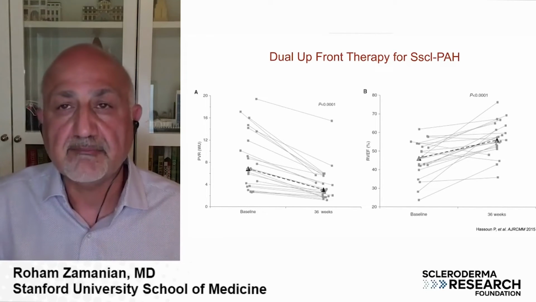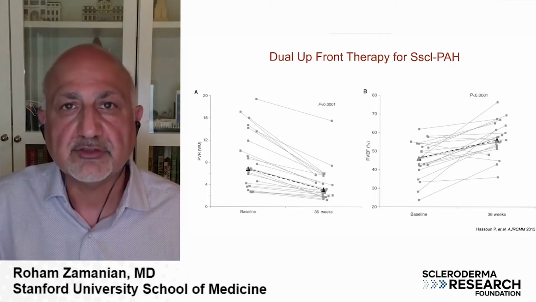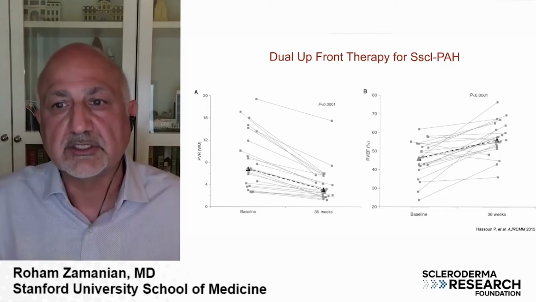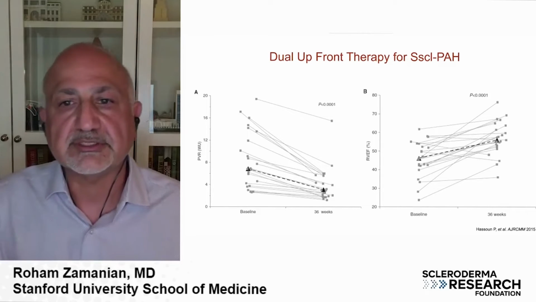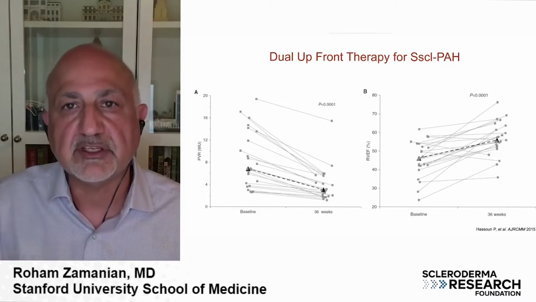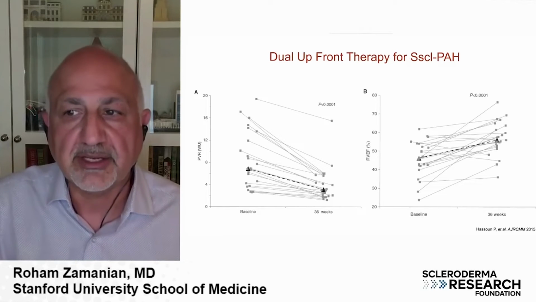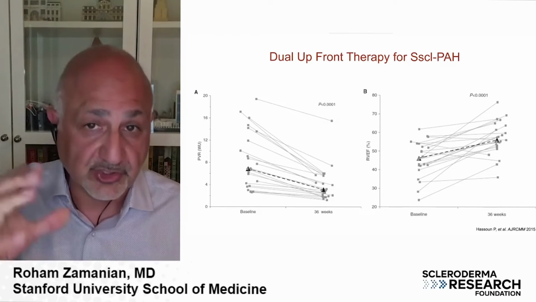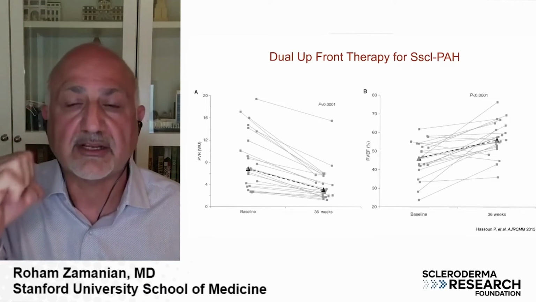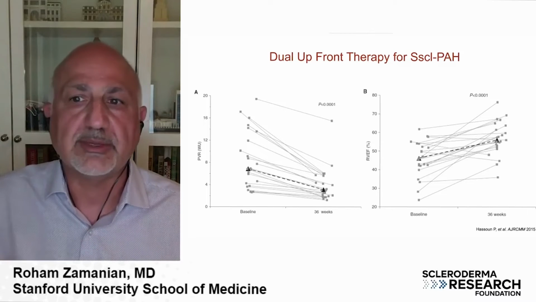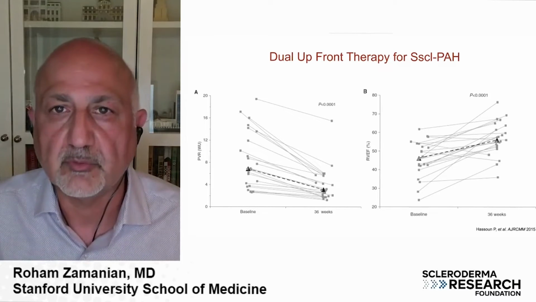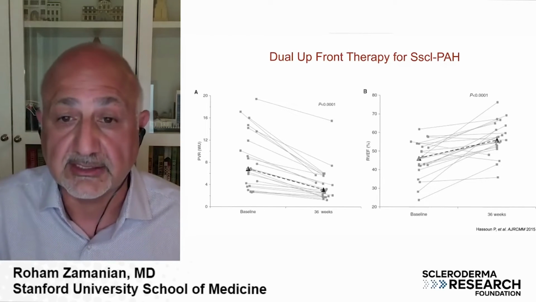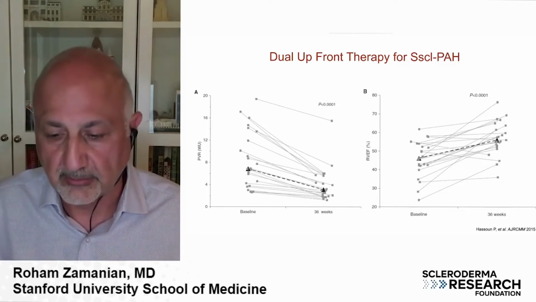At the same time, when we look at the right ventricular ejection fraction, so the contractility of the right heart, we could show that over a period of 36 weeks, these patients benefited from these therapies by increasing their ventricular ejection fraction, so how active that contraction of the right ventricle was. We were basically feeling that we were rescuing that right ventricle from a failure state in at least a good proportion of these patients.